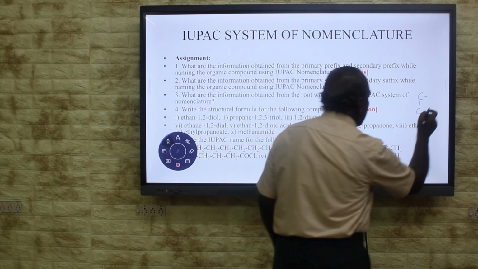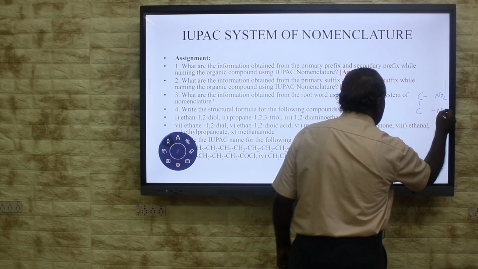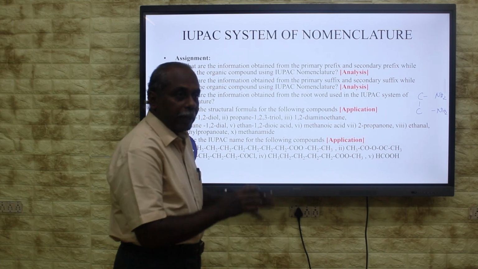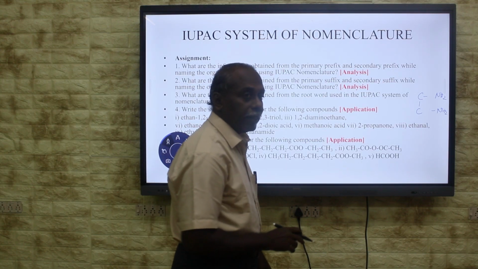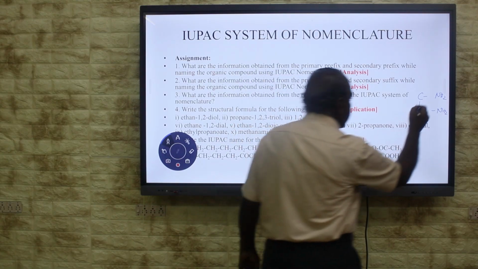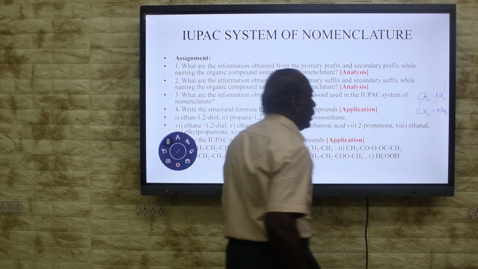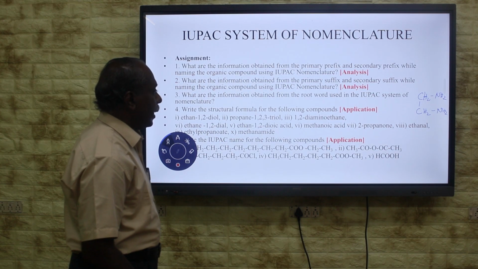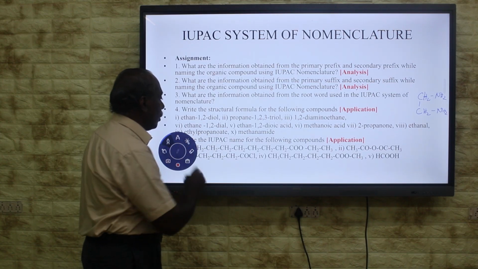Then 2 amino groups will be there. But this will be the skeleton of the compound. You put the hydrogens, the remaining valency of carbon is satisfied by hydrogen. 2 hydrogen, here also 2 hydrogen. It is 1,2-diaminoethane.